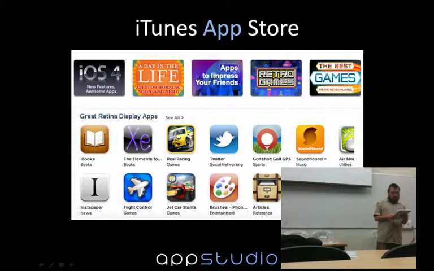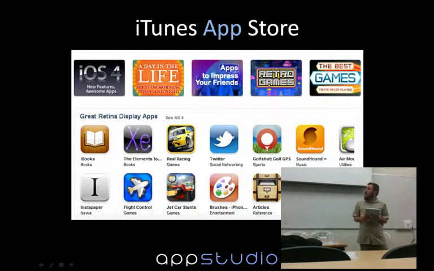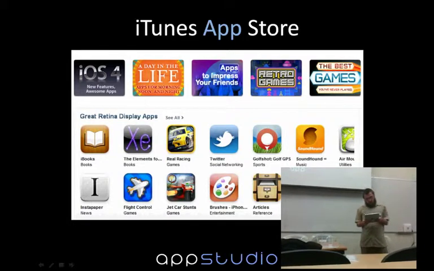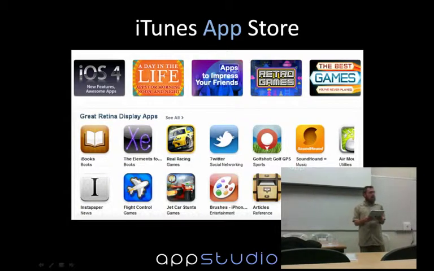Now, along the heels of that, if you do decide that you want a native application, in order to get access to all of the APIs and just be able to have a presence on the native stores, you should keep in mind that, for example, the iTunes App Store has over 250,000 apps, and it's just growing. And over 6.5 billion apps have been downloaded in the past year.